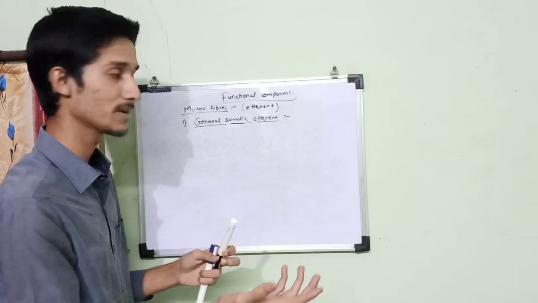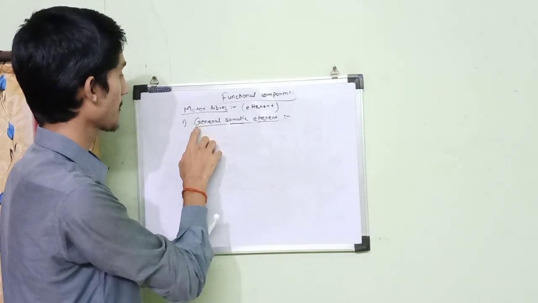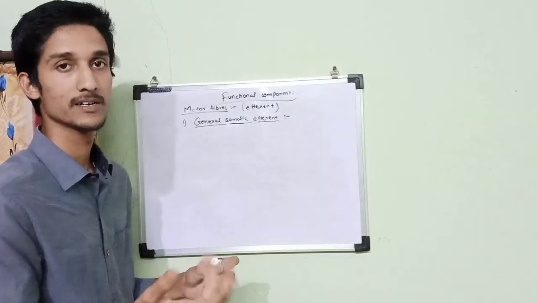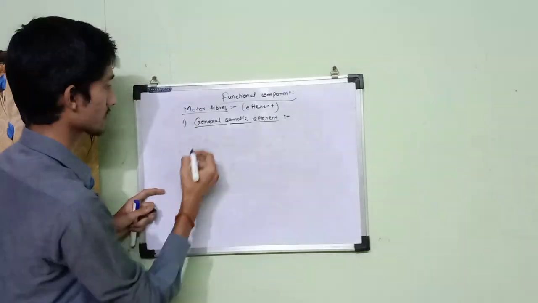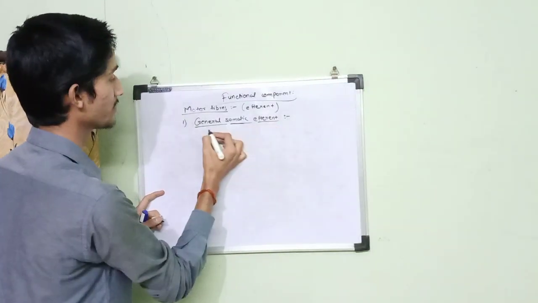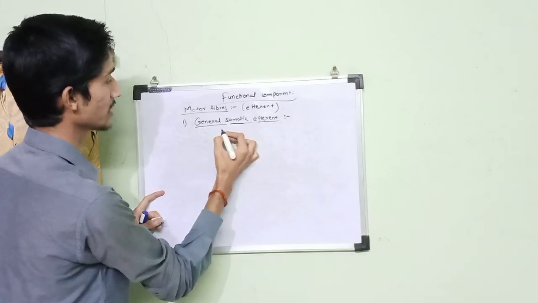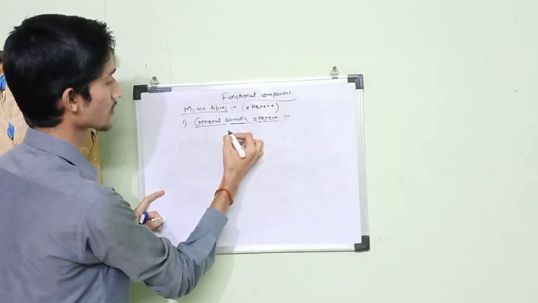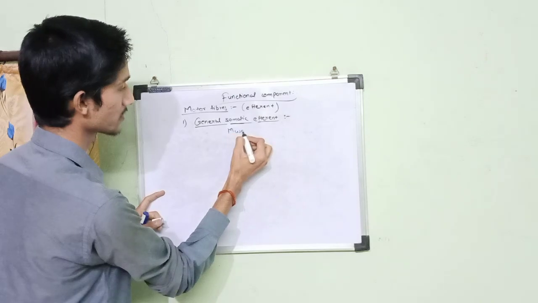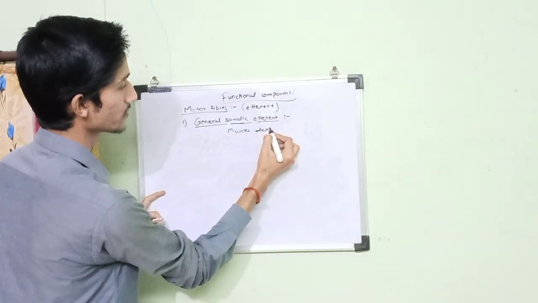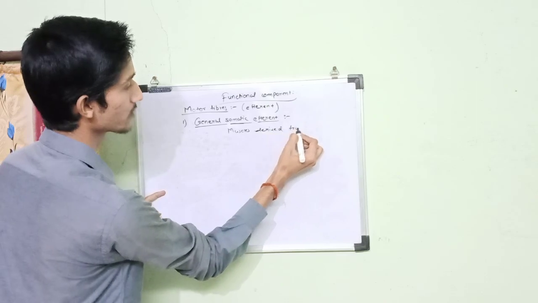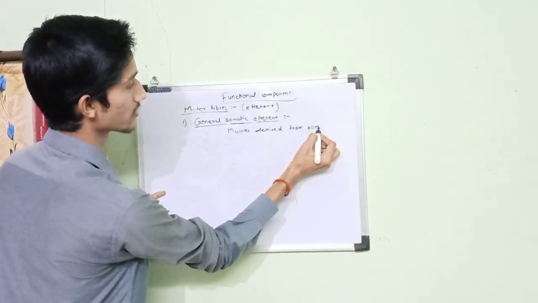So they are motor fibers, and they are also general, nothing special embryologically. So general somatic efferent fibers supply what? General somatic efferent fibers supply the muscles derived from somites.